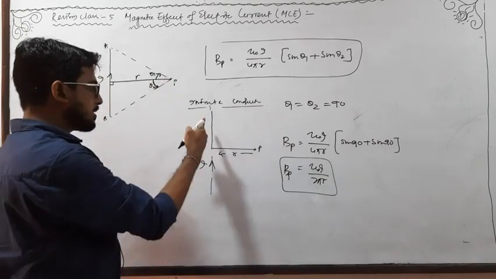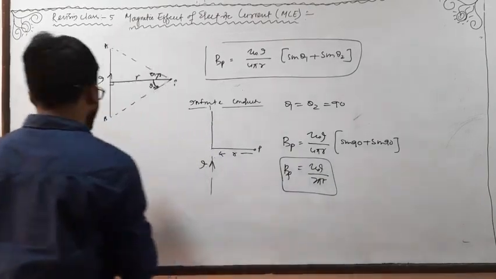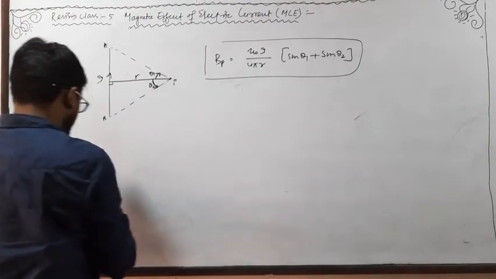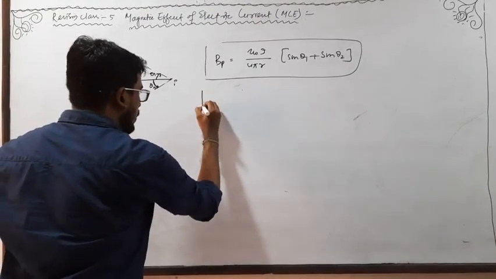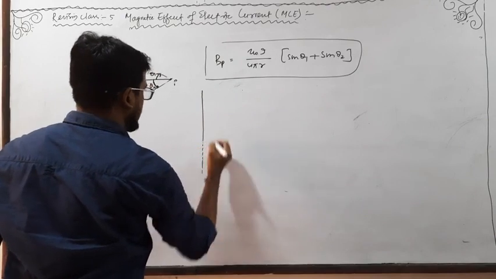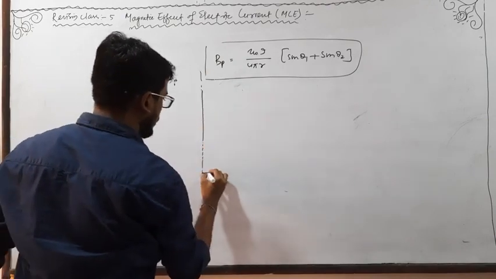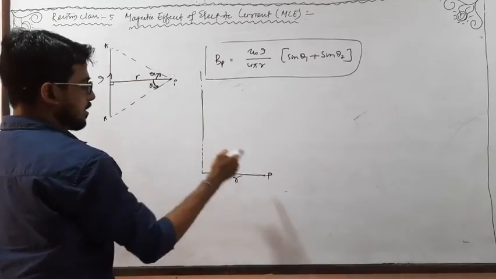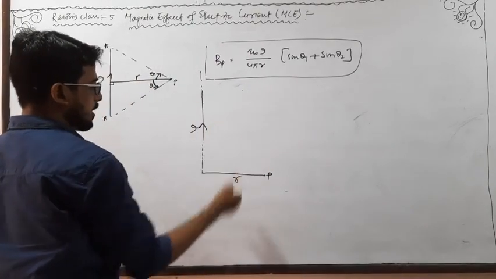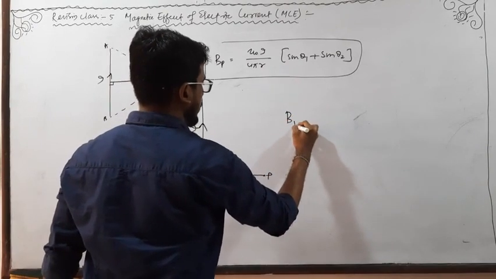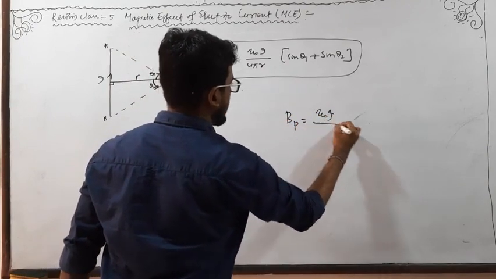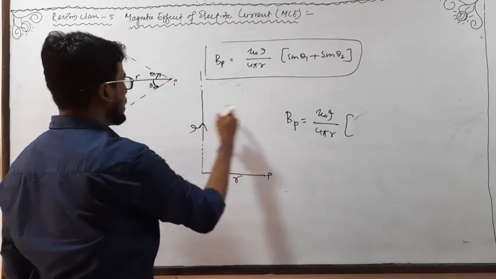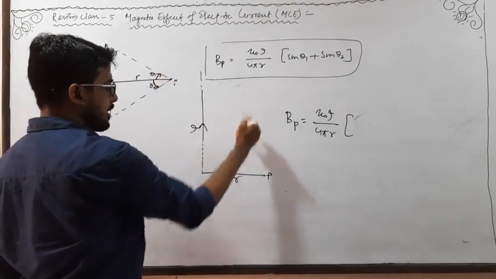If it is semi-infinite, that means the point of observation is close to one end and the conductor extends up to infinity, with the point of observation at a distance r and the conductor carrying current I. Then the magnetic field strength at point P will be mu naught I divided by 4 pi r times sin theta 1 plus sin theta 2.